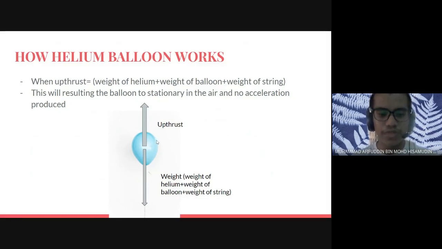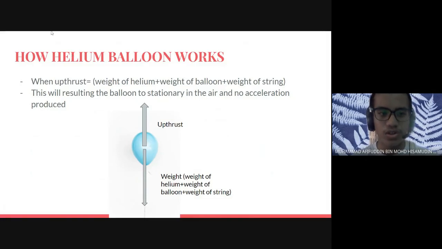So when the upthrust is more than the weight, the balloon will go upward with acceleration, and inversely, when the weight is more than the upthrust, then the balloon will go downwards with acceleration.